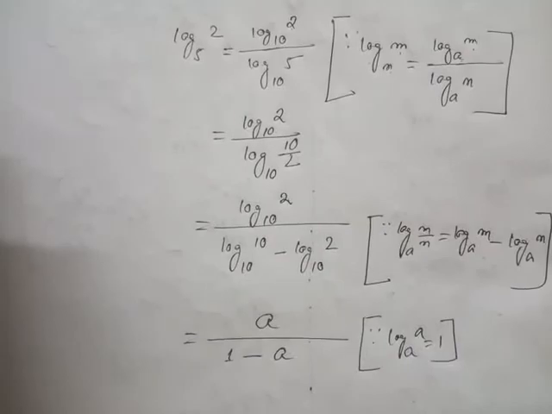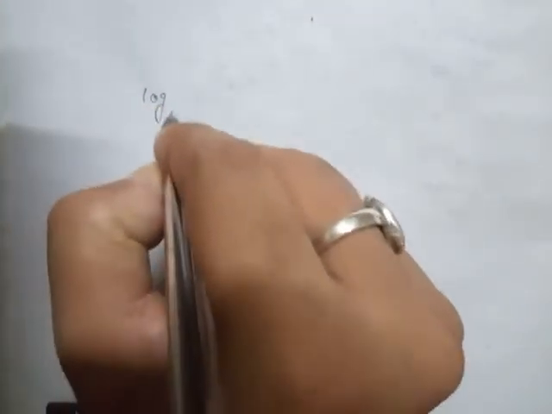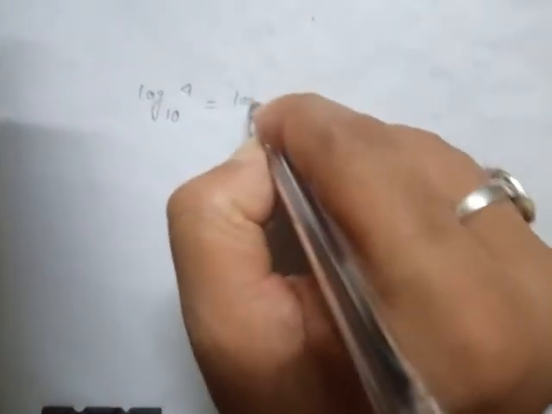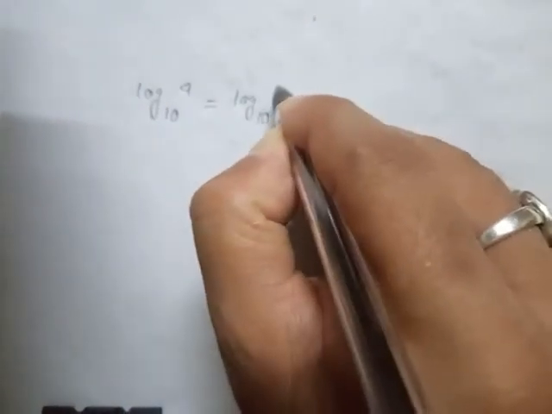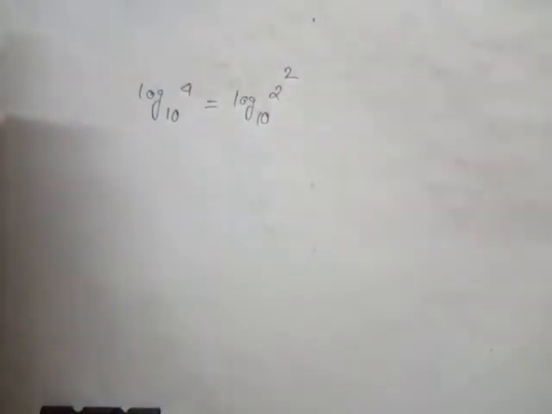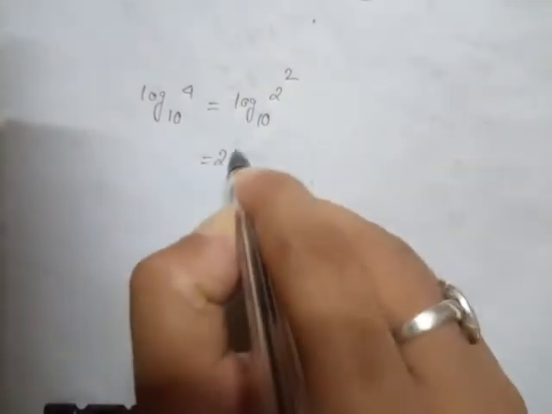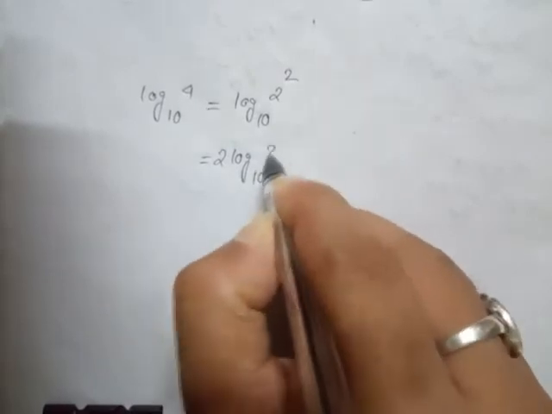For the second case, there is log base 10 of 4. This is the second case we need to find. Now look, 4 can be written as 2 square, so in the next step it becomes 2 into log base 10 of 2. Why?